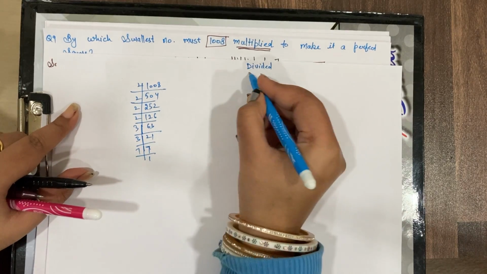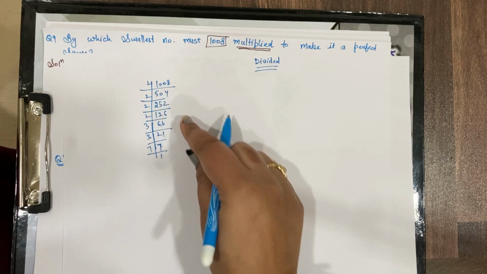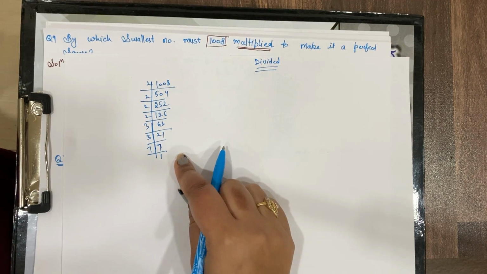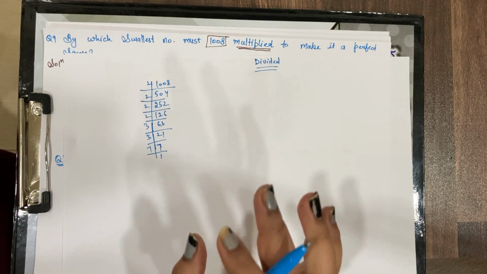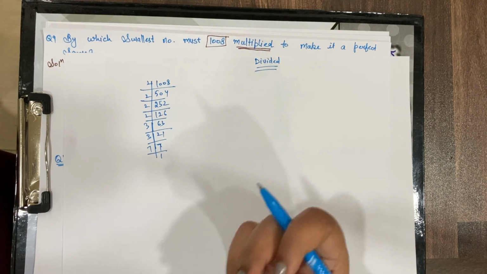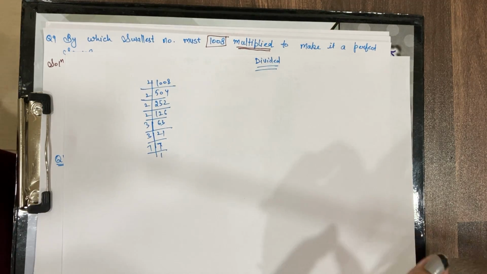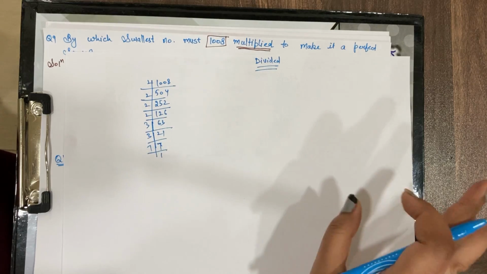If the concept is divided, divided means हटाना. कुछ ऐसा नंबर हटाओ जिसको हटाने के बाद it becomes a perfect square. तो ये देख लो किसका पेयर नहीं बनता. पहले हमने देखा था a number which is not having a pair, उसी के साथ मल्टीप्लाई कर दो. Now we will see a number which is not having a pair, उसे निकाल दो, because divided means removing.